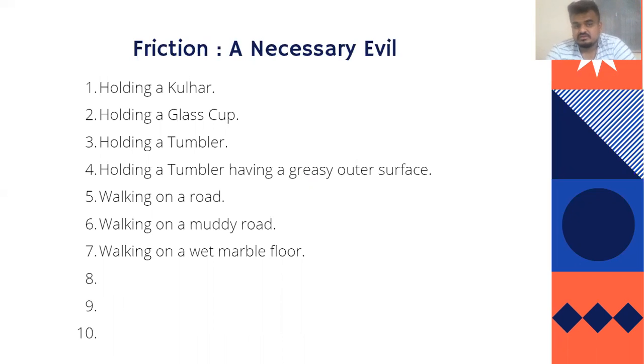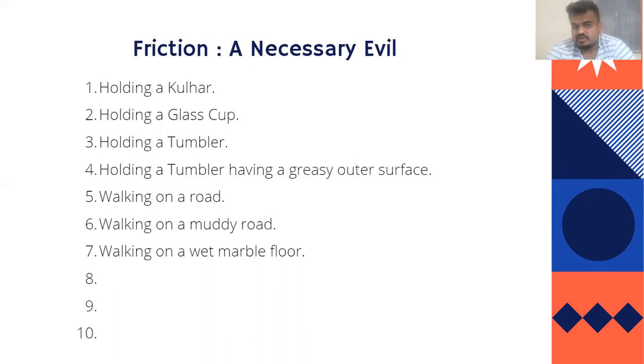So it's very easy and very simple. We can say that for holding something we need some friction, and that is the reason friction is sometimes important also. There are some advantages also.